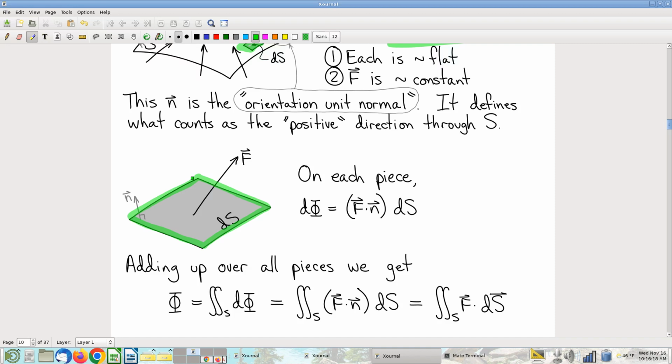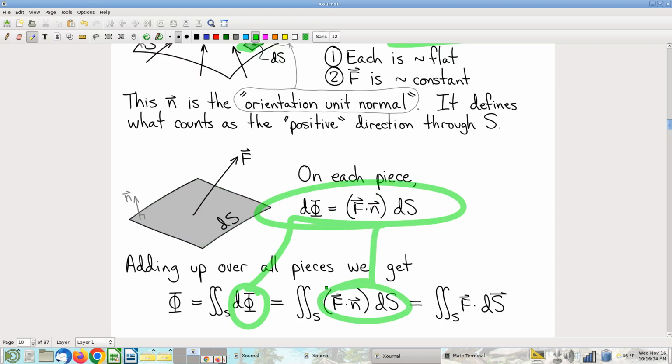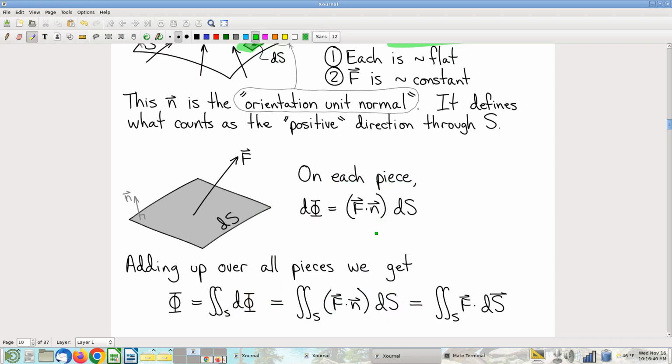And so we can use our old formula for flux from Chapter 3 as an approximation, errors going away in the limit, on each little piece, and then we add up those pieces like this, thus giving us this new construction that is really fundamentally different from a scalar surface integral.